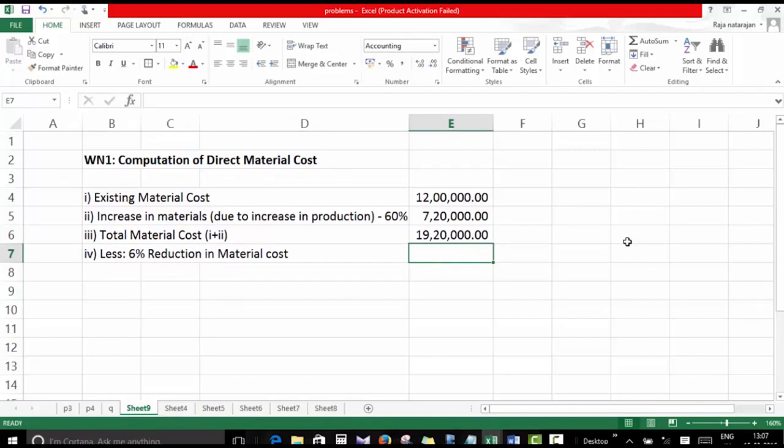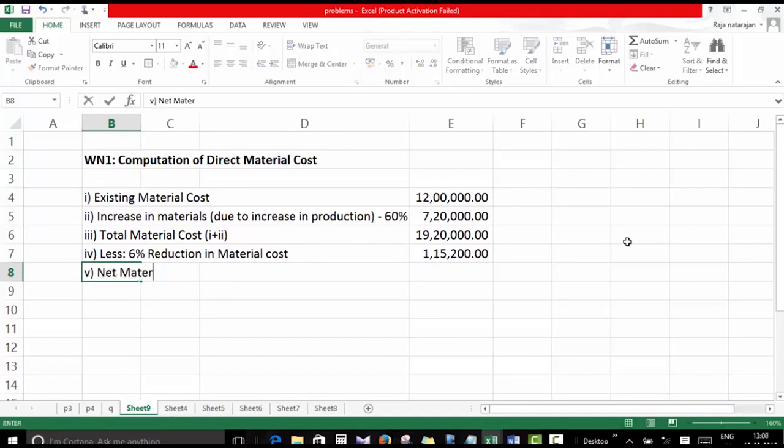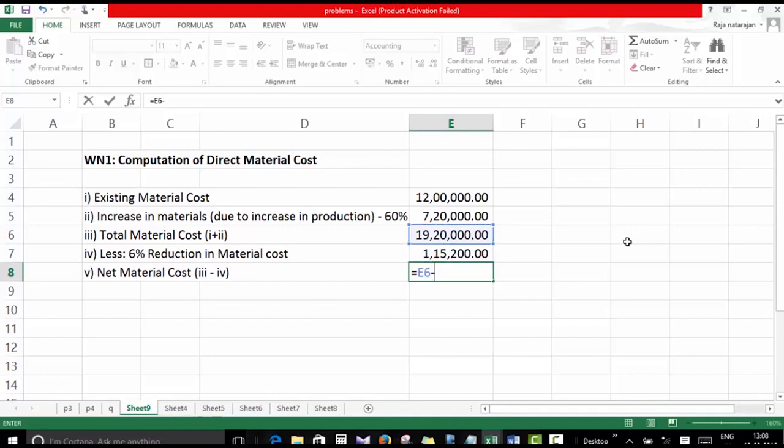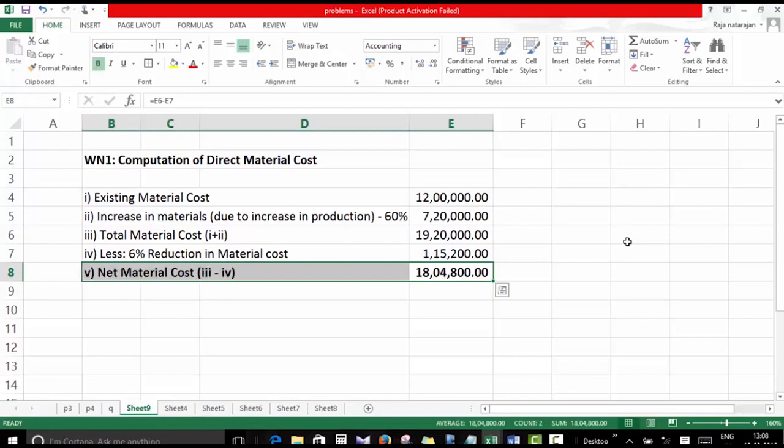So 19 lakh 20,000 into 6% works out to 1 lakh 15,200. So your net material cost, item 5, net material cost, which is 3 minus 4: 19 lakh 20,000 minus 1 lakh 15,200 works out to 18 lakh 4,800. So this is your material cost.